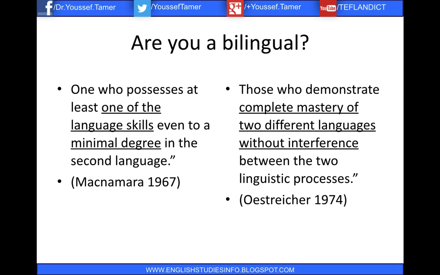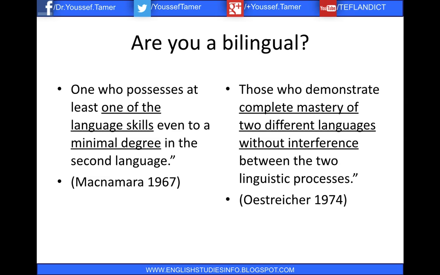This is completely the opposite of the first definition, right? Yes, he's talking about mastery of the first language and the second language in all skills. Not like our friends in sociolinguistics. So they are not, according to him, bilinguals because they can't write and because they have problems listening and so on and so forth.